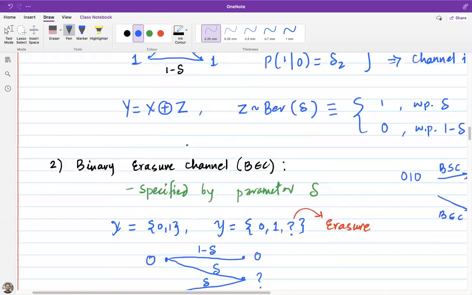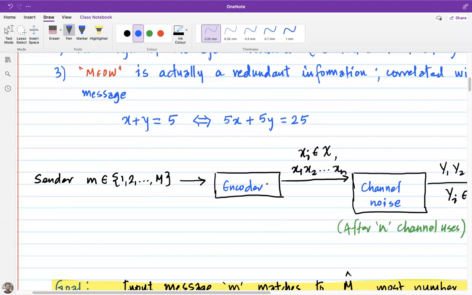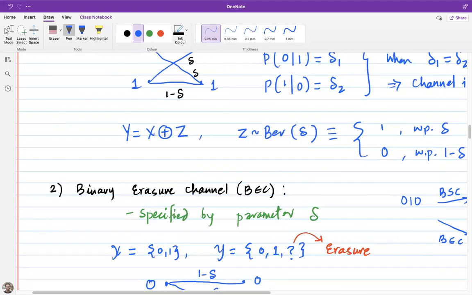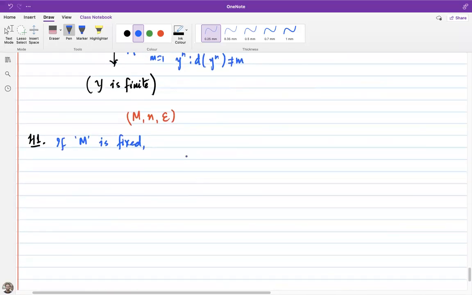So there were m messages, and after encoding, you get length n messages. You can think that this n has to be at least log m, base 2.